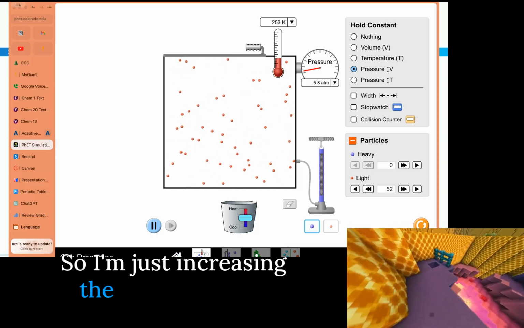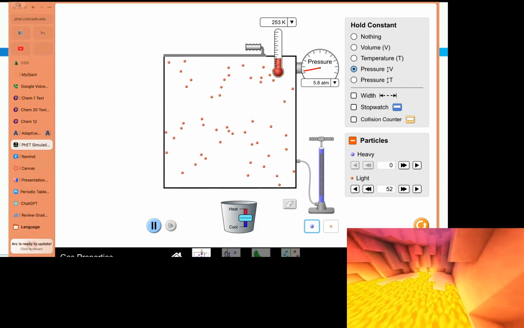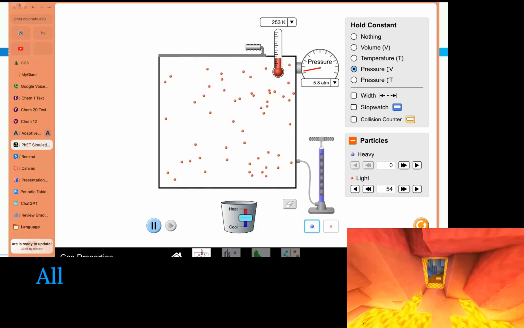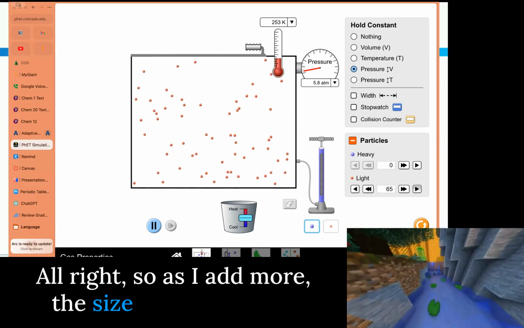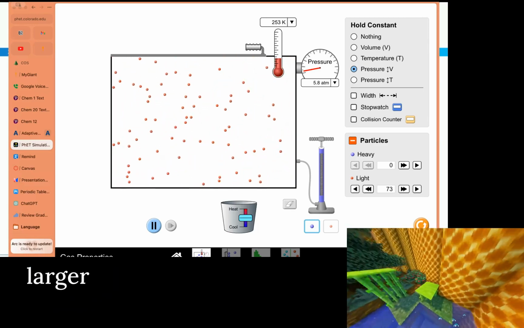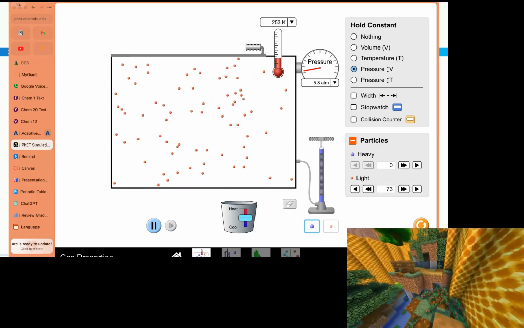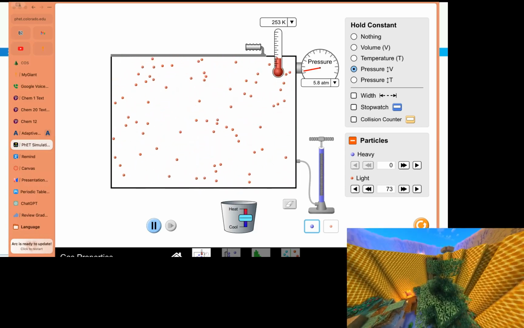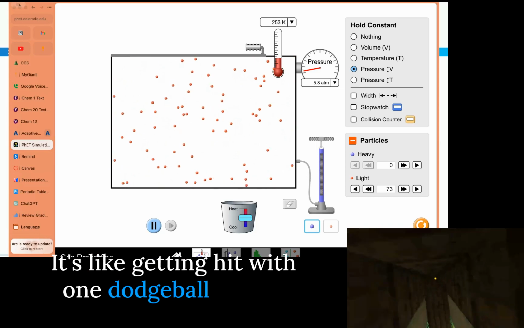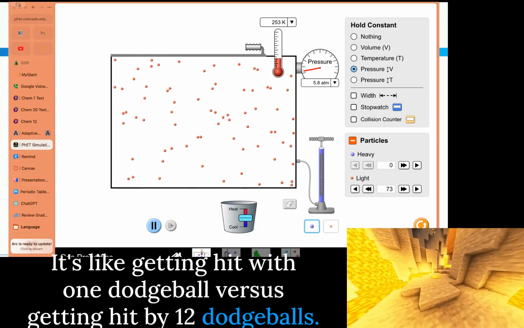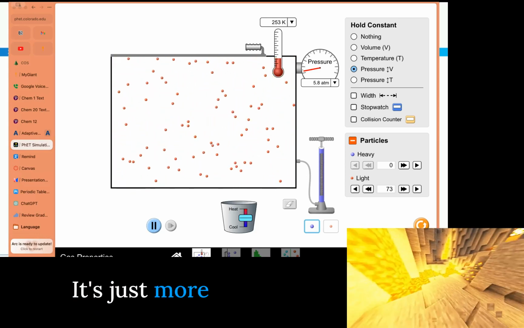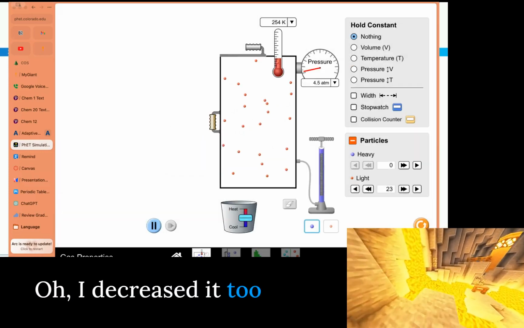So I'm just increasing the number down here of light particles. Right? So as I add more, the size of the box gets larger because we're adding more collisions, basically. It's like getting hit with one dodgeball versus getting hit by 12 dodgeballs. It's just more force.